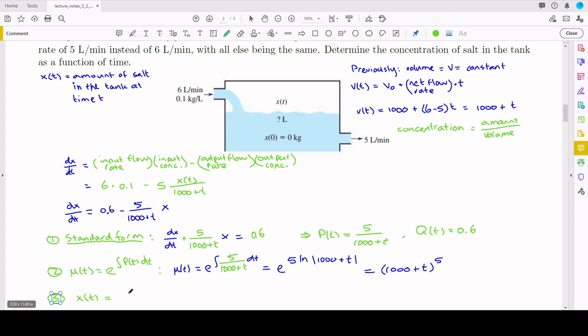So x of t is 1 over mu of t, and then times, in brackets, the antiderivative of mu of t times q of t dt plus a constant of integration. So let's do that.